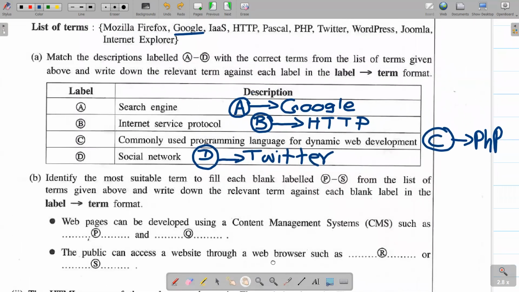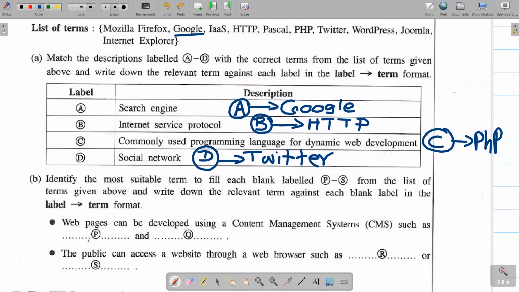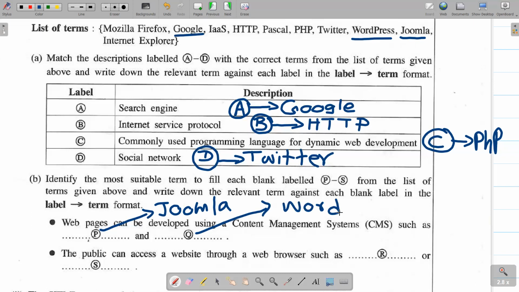So it's better I see the labels. Yes. So for P, web pages can be developed using content management systems such as P and Q, it says. So P means WordPress, Q means Joomla, or you can write it the other way around, right?